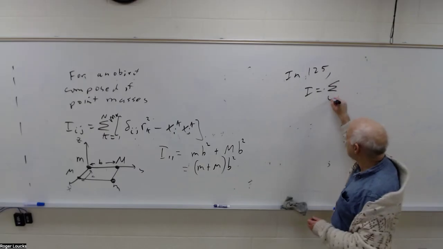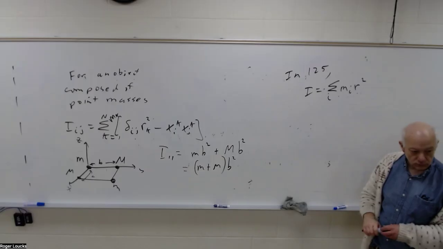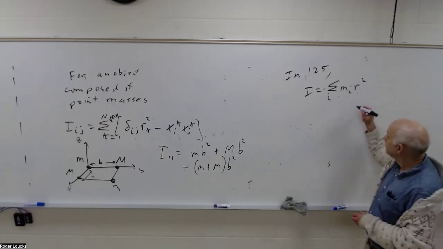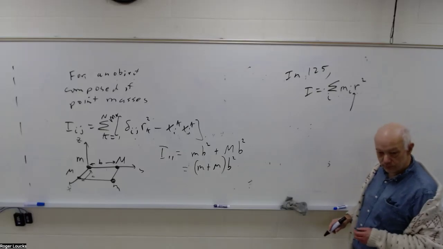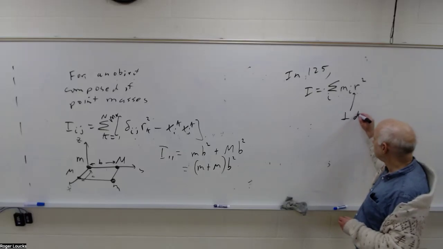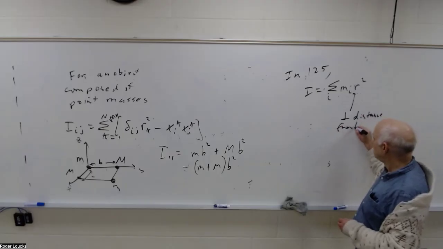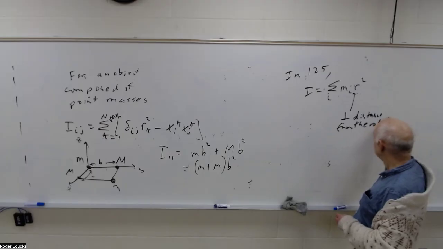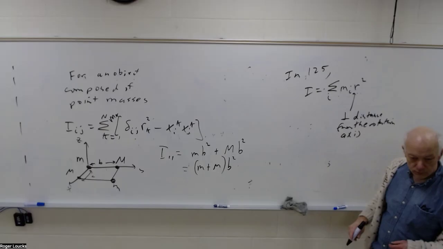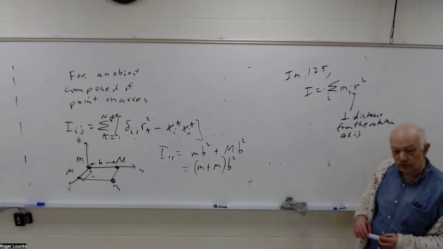It's just the sum over i of m_i r_i squared. Where does this r come from? It's the perpendicular distance from the rotation axis. So in this case here, if I'm doing I11, what's going to be my rotation axis?